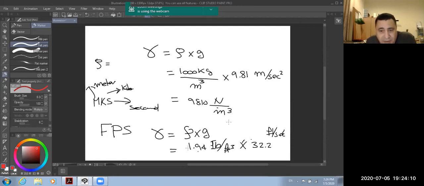It will be equal to 62.4 pound over cubic feet. Try to memorize, guys, these two units, whether in MKS or in foot-pound-second. Okay.